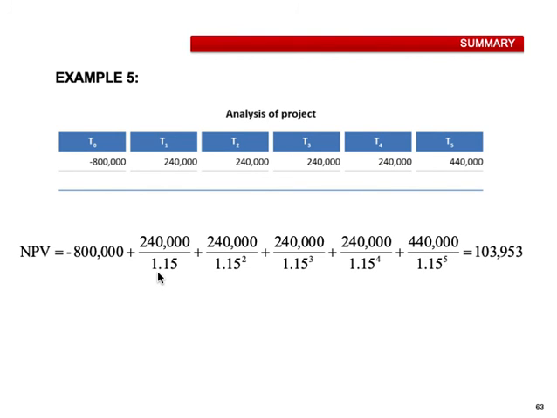So if we're going to make the present value calculation, we can see that the present value of all the cash inflows is larger than the present value of the investment, and therefore we would have a positive NPV. And like said many other times in this video and in the previous videos, if we have a positive NPV, it would mean that we need to accept the project because it adds financial value to the firm.